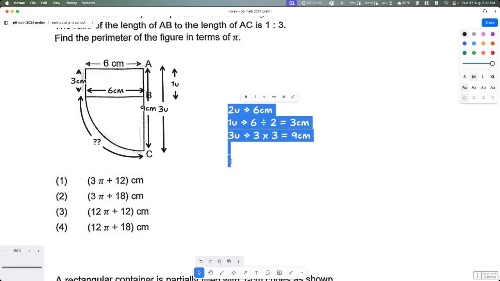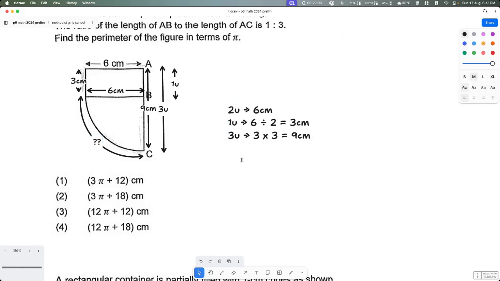Okay, so perimeter of quadrant is equal to 1/4 times 2 times pi times radius.